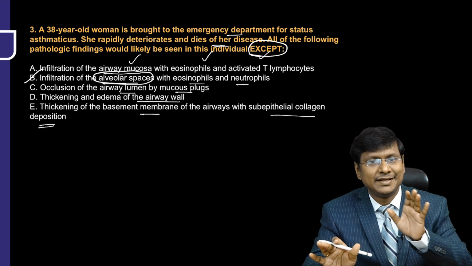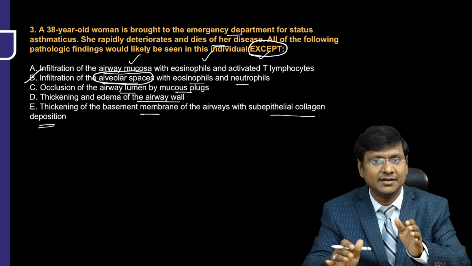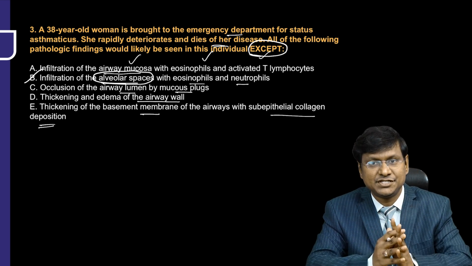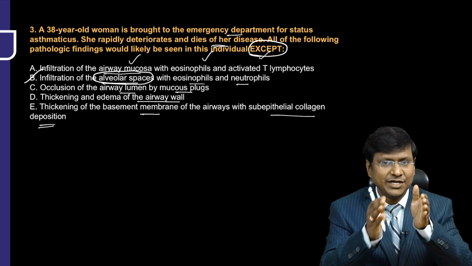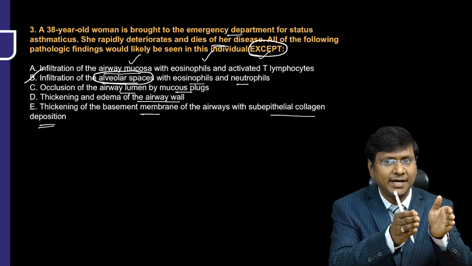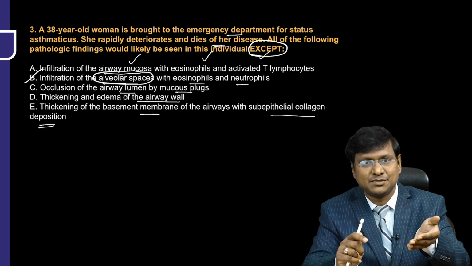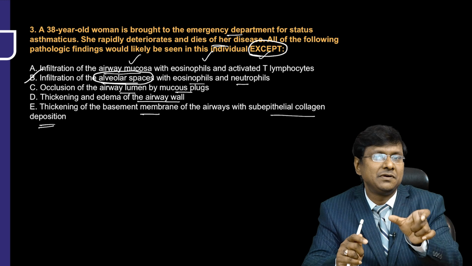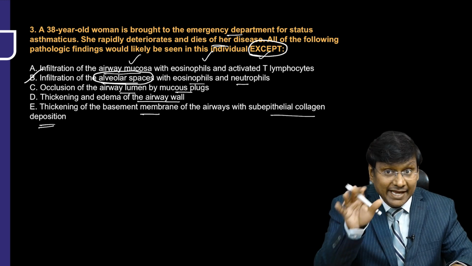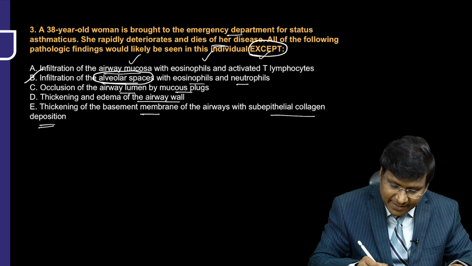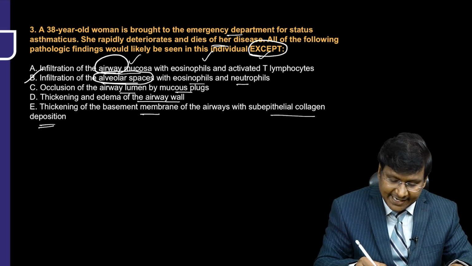So the pathology of asthma has largely been determined by examining bronchial biopsies of patients with asthma as well as lungs of those dying from asthma. What you will find in the biopsy is that the pathological changes are centered around the airways, right? The abnormalities are present around the airways with sparing of the alveolar spaces.